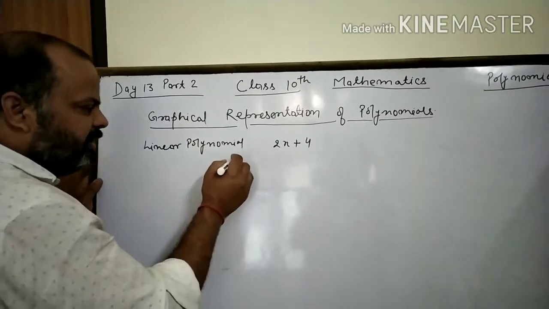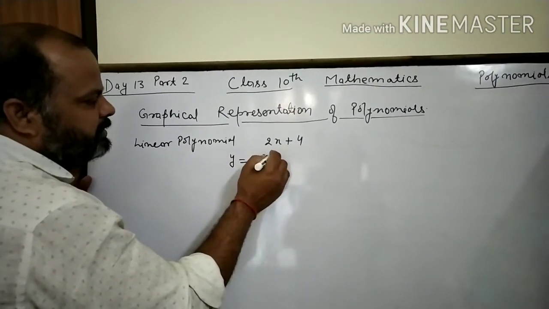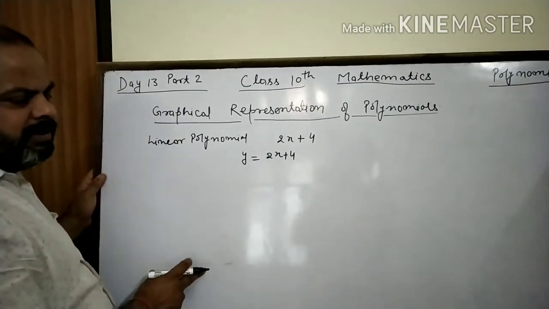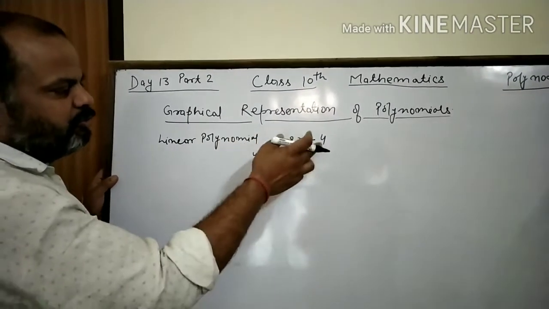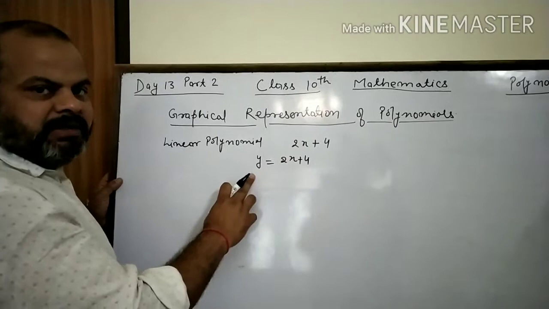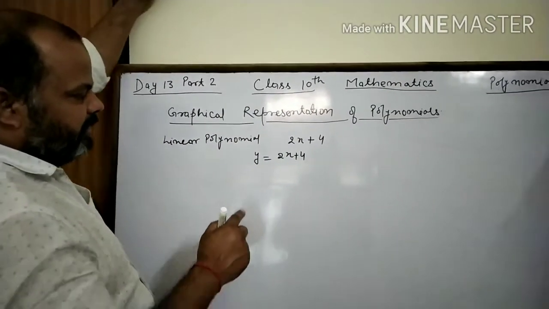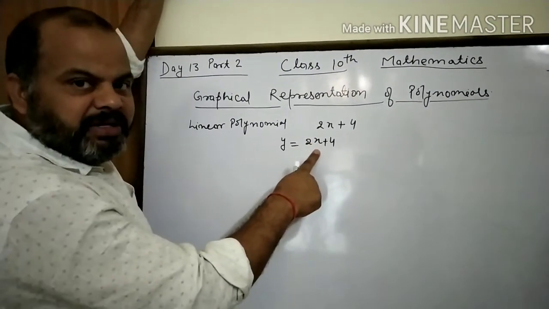First of all, consider y is equal to 2x plus 4, because to represent it on a graph you require two axes, x axis and y axis. Here y is the dependent variable and x is the independent variable.